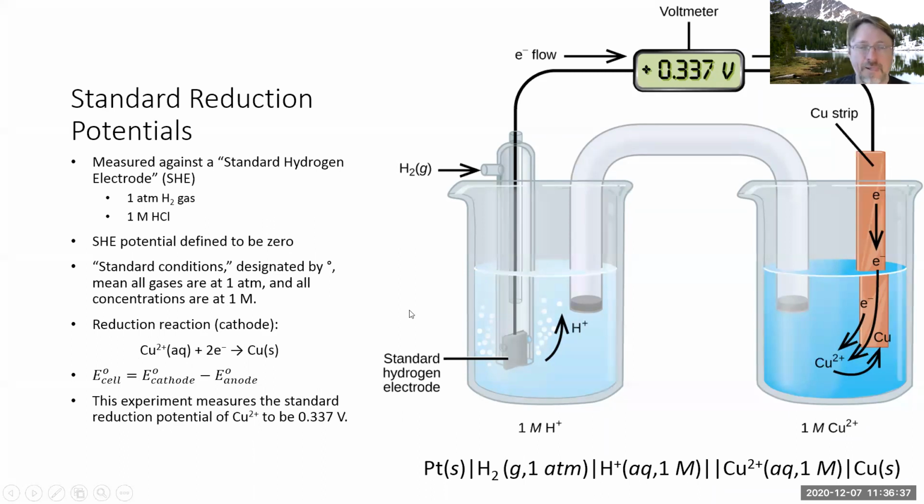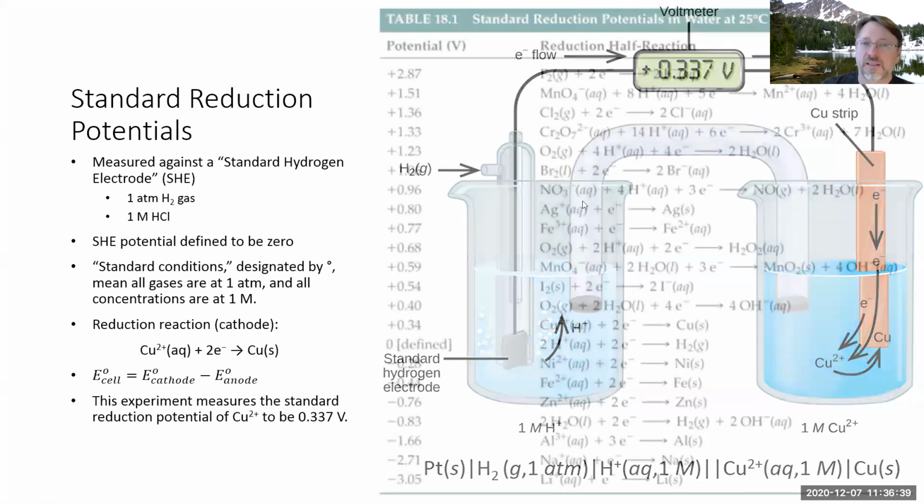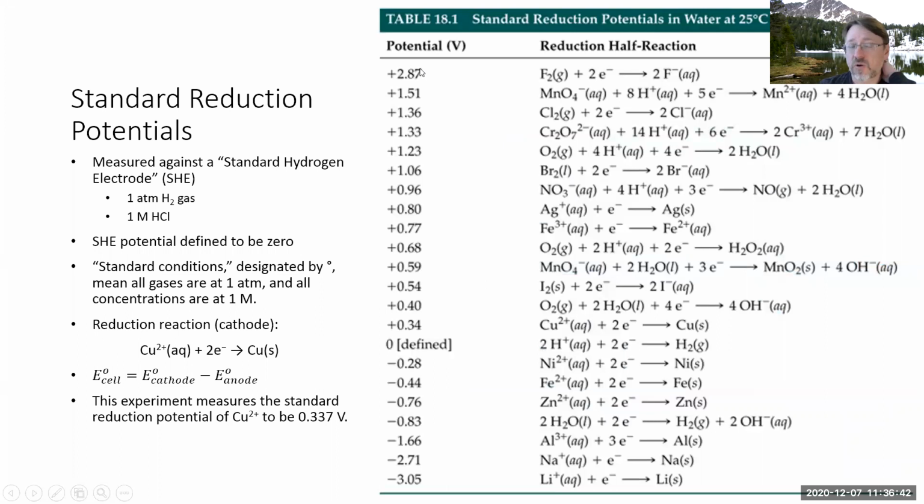Okay. All right. And so when we do that, we can then come up with a set of half cell voltages, which are written in the reduction direction.